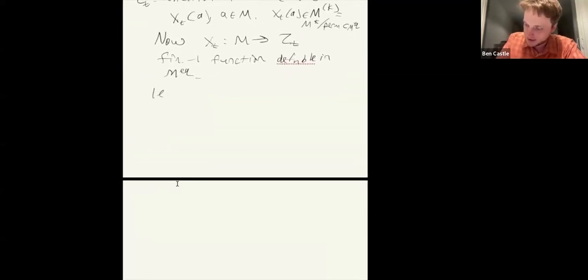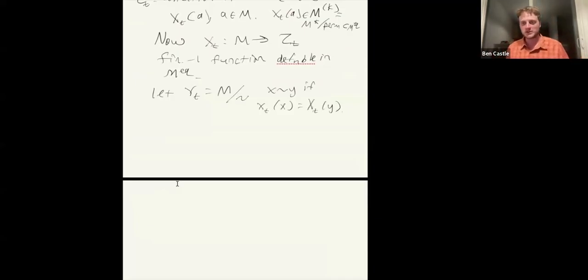So now let yt be the left copy of m mod tilde, where you say x tilde y if they go to the same place. It's just a function, not injective.